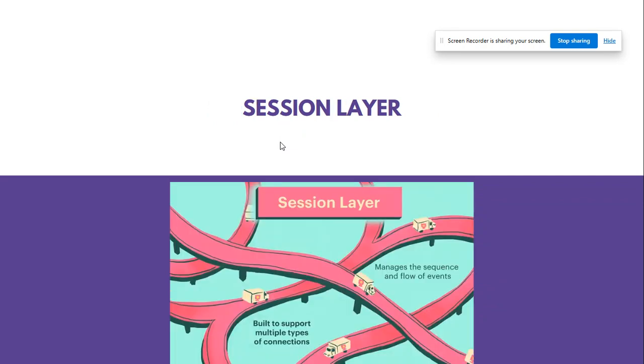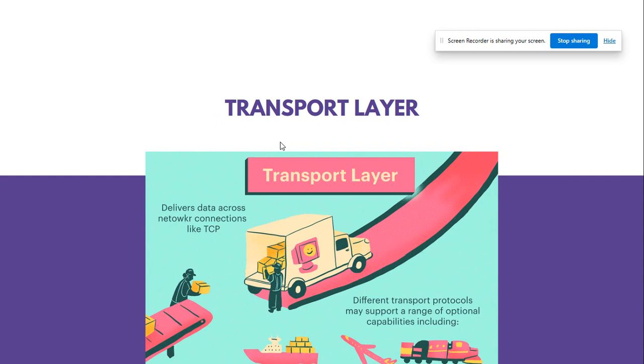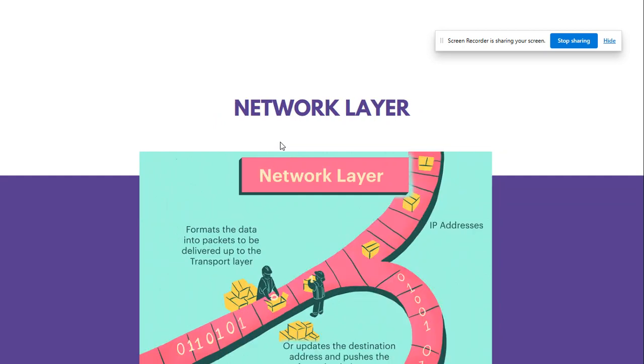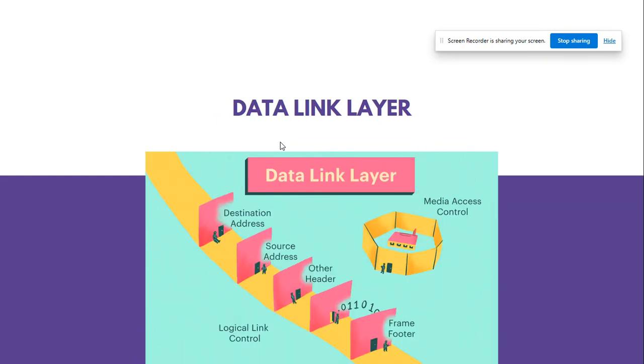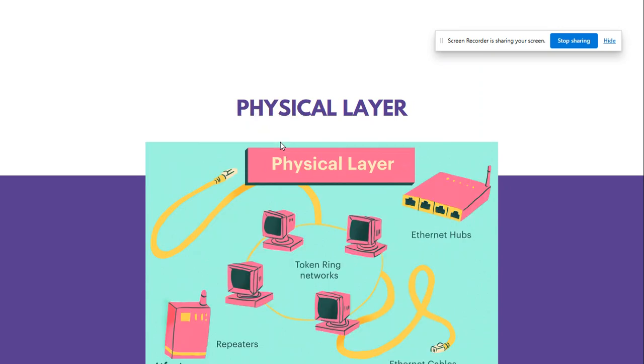In the session layer, the sending server initiates a connection with the receiving server, and after that, the entire email flow is done error free, with acknowledgements received. In the network layer, each packet is routed from the sender email server to the recipient email server. In the data link layer, the node to node transmission happens using the next hop's MAC address. And in the physical layer, all data is transmitted as bits through cables or wireless signals.